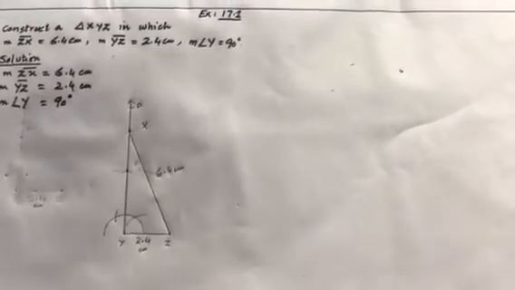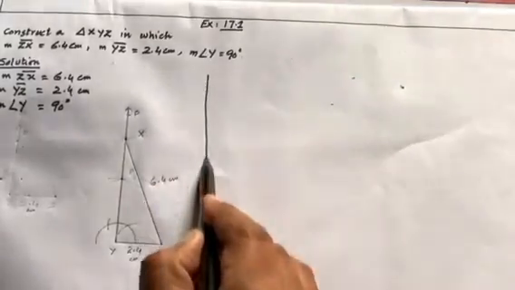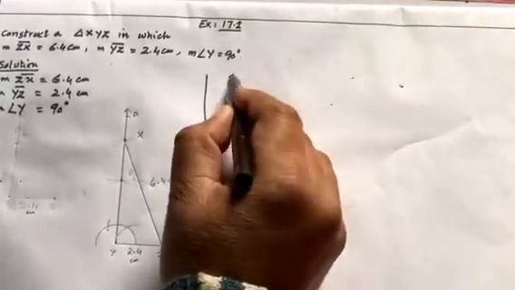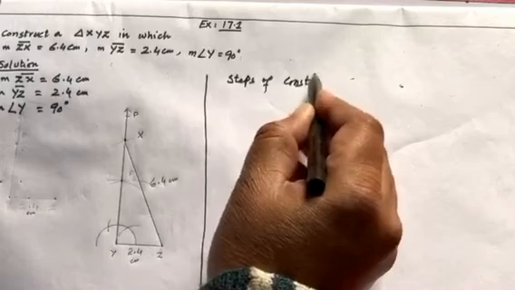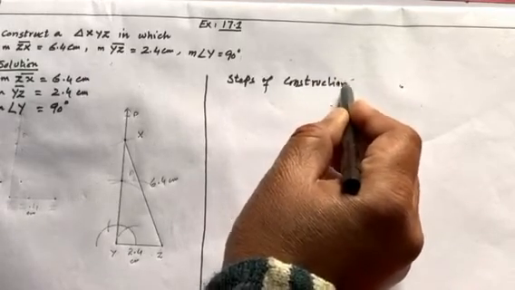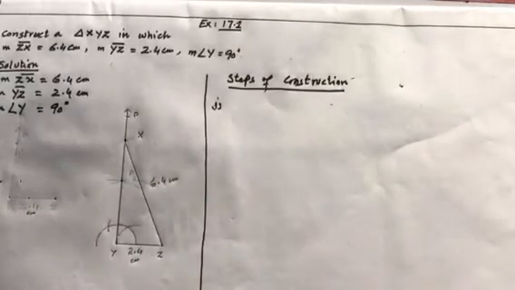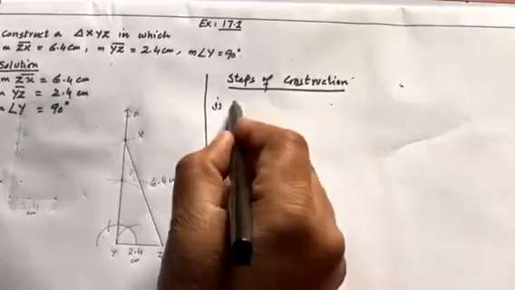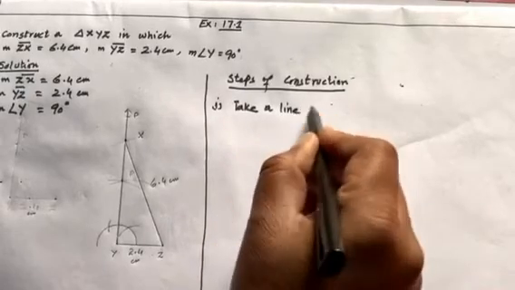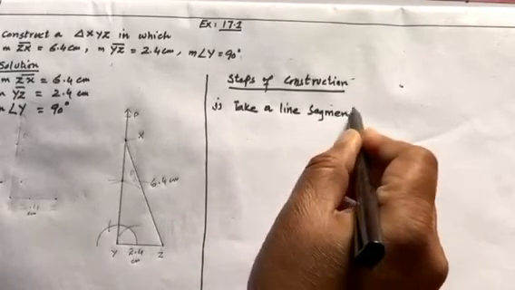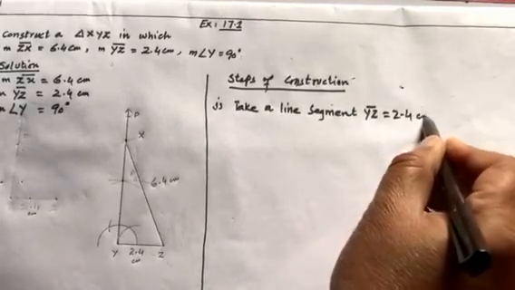Now we are going to write the steps of construction. The first step is: take a line segment YZ equal to 2.4 centimeter.